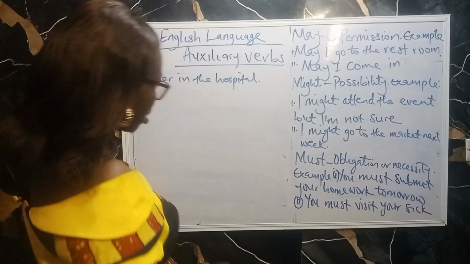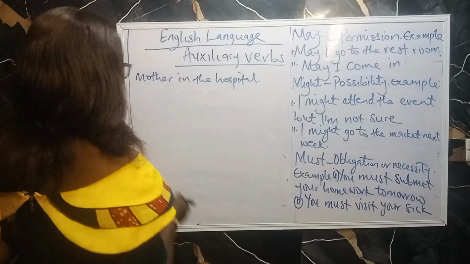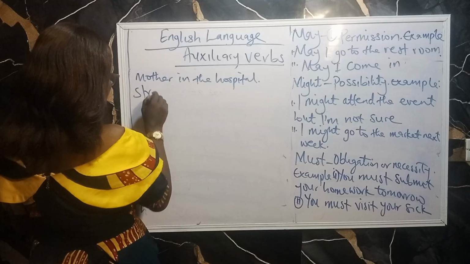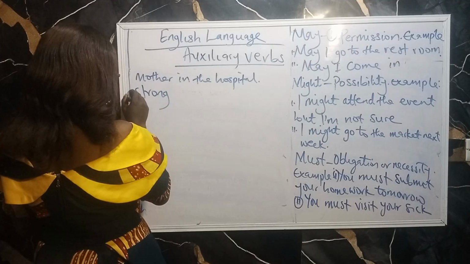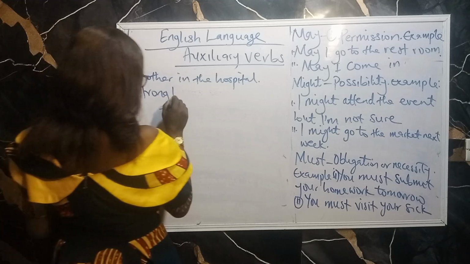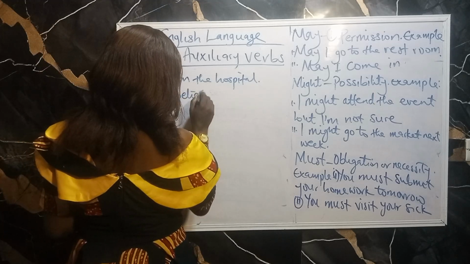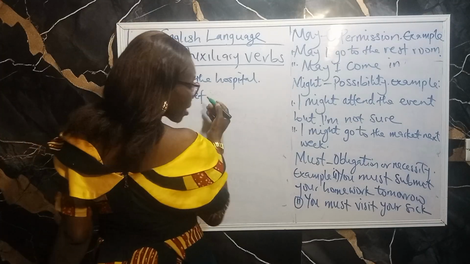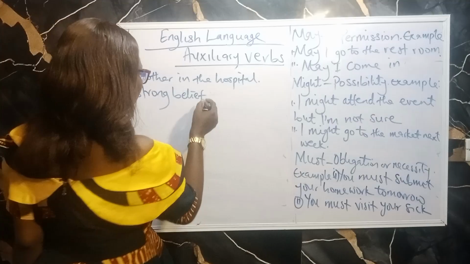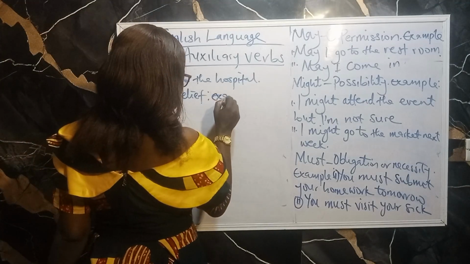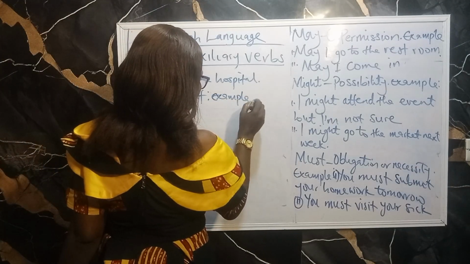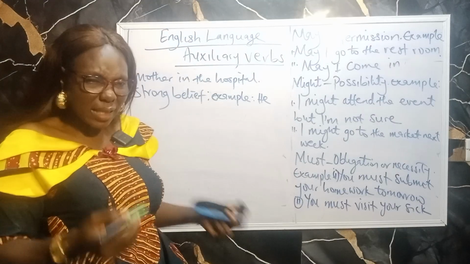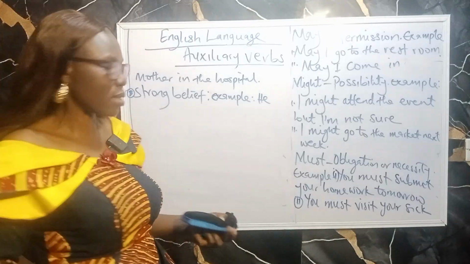Okay? And we can also use must for something like strong belief. That is number 2. Strong belief. Example, that is something you believe strongly, that is what that thing is.